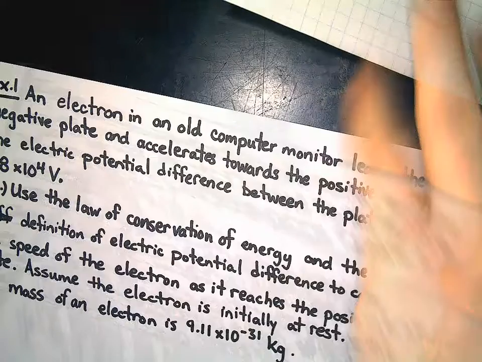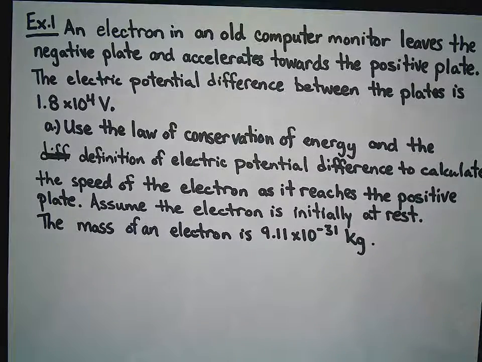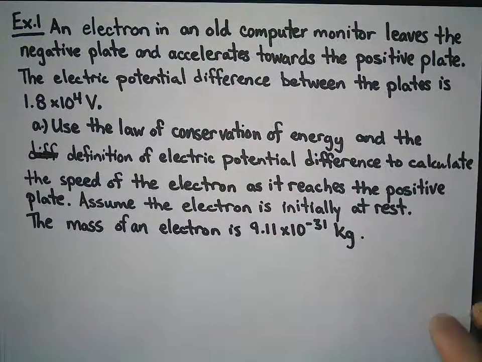So, if we're given a, let's say, very long-winded problem, as the one above here, in example 1, where we have an electron in the old-style computer monitors leaving a negative plate and accelerating towards a positive plate.